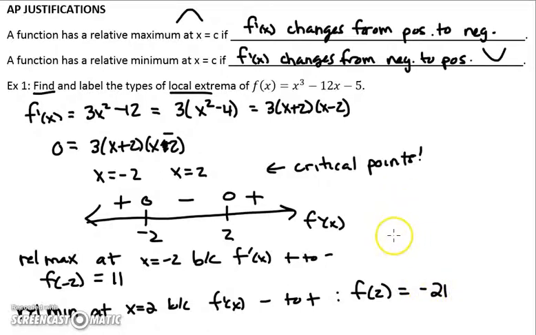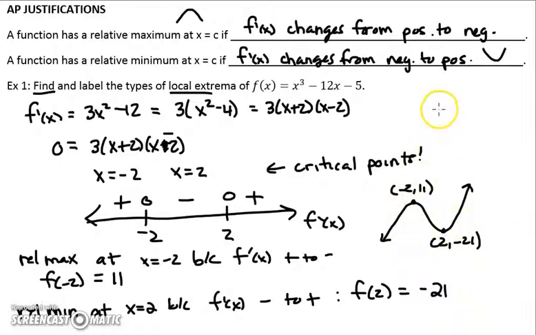So if we were to do a rough sketch, we know we have a positive slope, a negative slope, a positive slope. We know that this point here would be -2, 11, and this point here is going to be 2, -21. So we can see what critical points turning into max and mins look like.